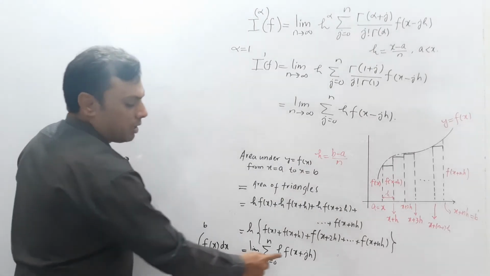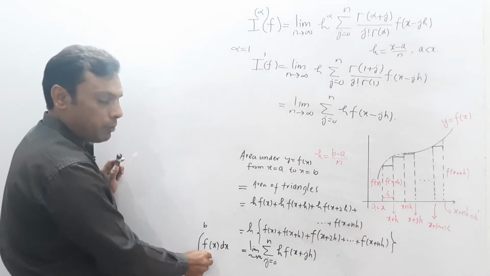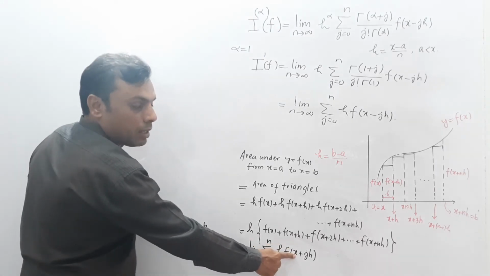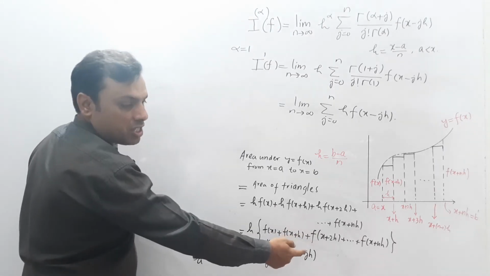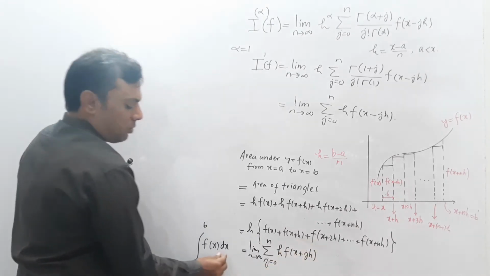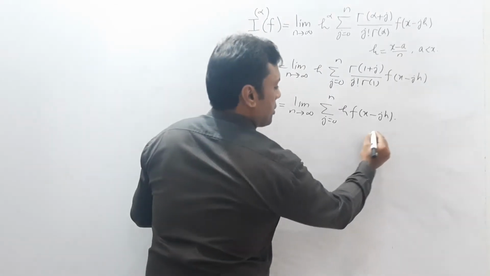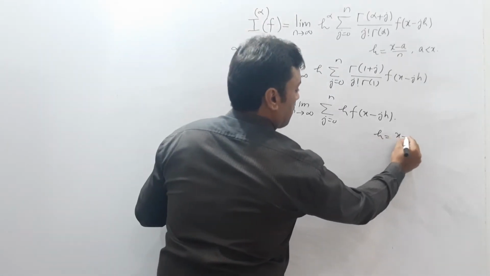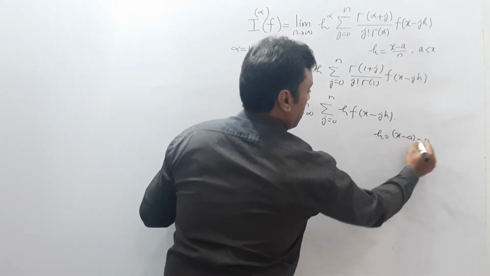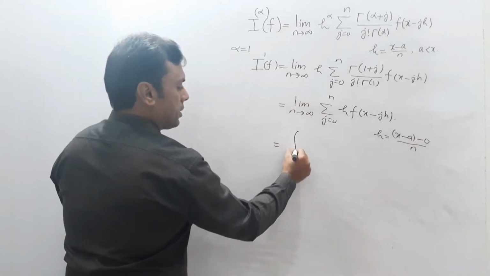If you can see, f of x plus jh is turned to f of x, and this can be done if you replace x by x minus jh. X minus jh cancels x minus jh, so it's only x. So we need to apply the same technique here. So here h is x minus a minus 0 over n, and this becomes an integral.